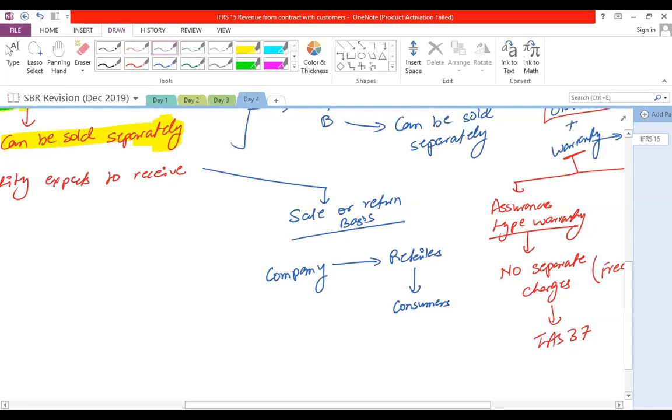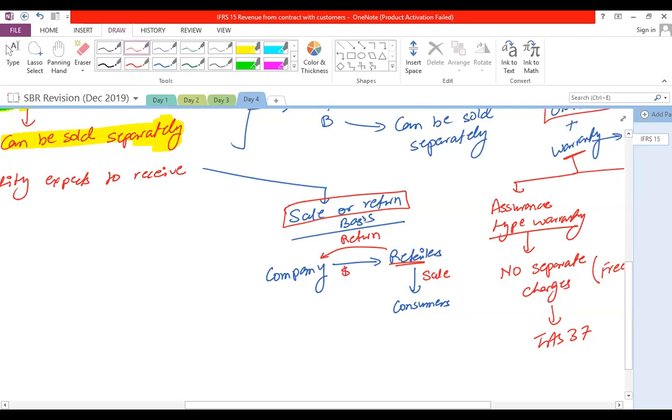Normally the company provides the goods to the retailer on sale or return basis, which means if the retailer is able to sell it to the customer, the retailer gives us the cash. Otherwise, if the retailer is not able to sell, the retailer can simply return that back to us. So this is called sale or return basis.